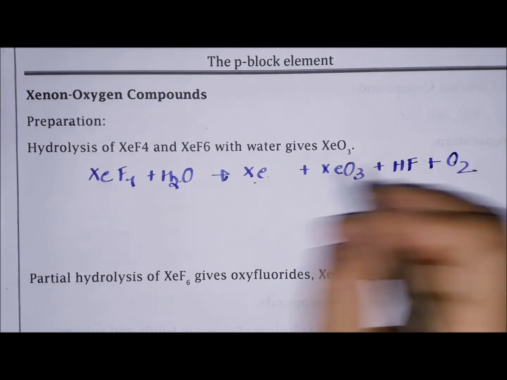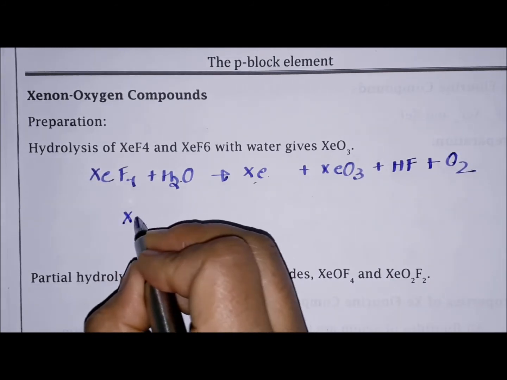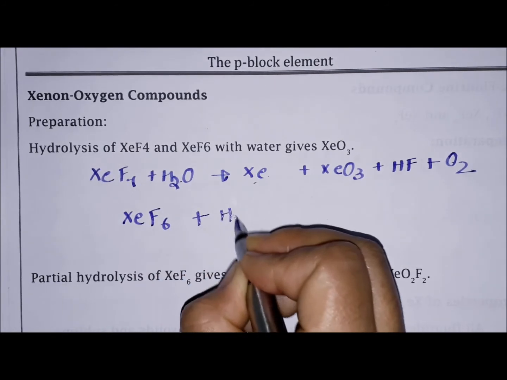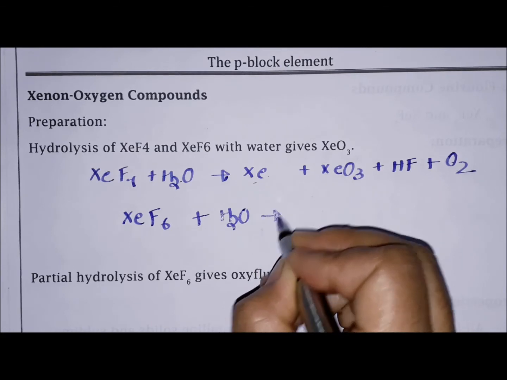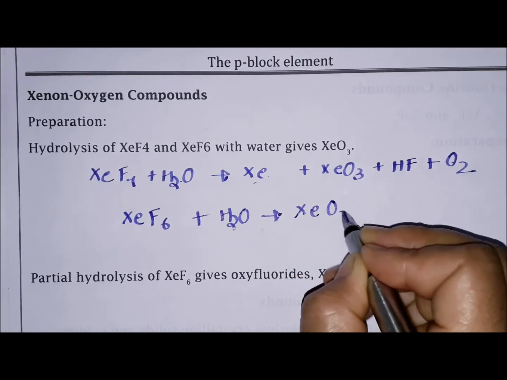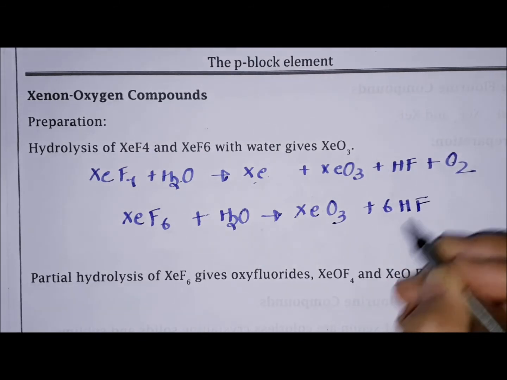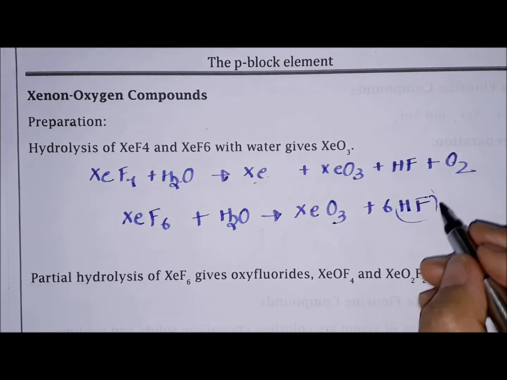So oxygen and xenon mostly come out, remember that. Xenon hexafluoride on hydrolysis forms xenon trioxide and 6 moles of your hydrogen fluoride.